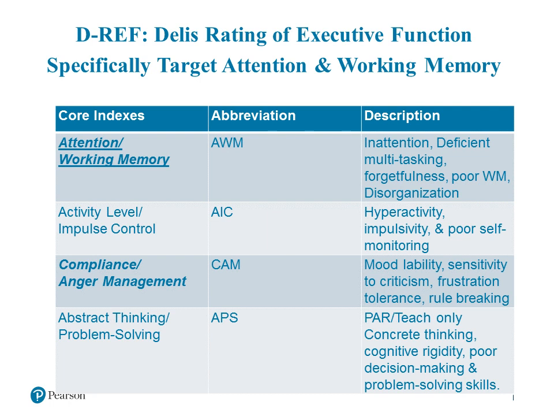There's a compliance anger management index, where the symptoms reflect their ability to control their mood and their emotions, to deal with frustration. And then finally, there's an abstract thinking or problem-solving index, only on the parent and teacher forms, and items there reflect concrete thinking, cognitive rigidity, poor decision-making, and poor problem-solving skills.